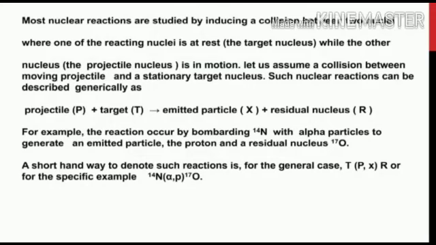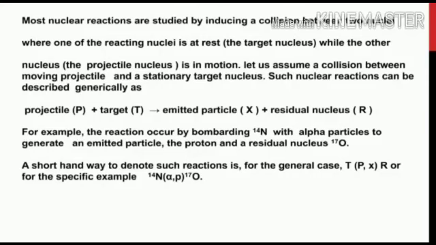It is the moving projectile. Let us assume a collision between the moving projectile and a stationary target nucleus. We can describe this nuclear reaction as projectile plus target gives emitted particle plus residual nucleus.